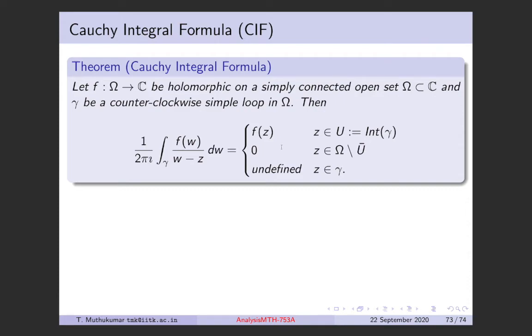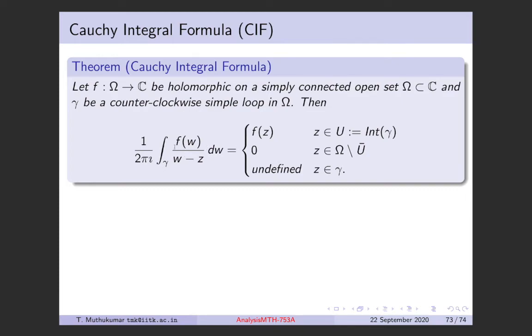And whenever z is in the complement of u closure, that is, it's outside the curve on the other component, then this integral is 0. And whenever z is on gamma, one of the w can take the value z, so you have a blow up here. This is an undefined case.